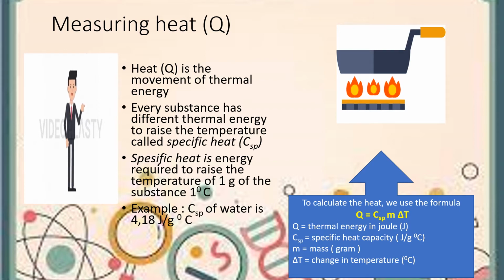To calculate the heat, we use the formula Q equals CSP, or specific heat of the substance, times the mass times delta T. So this is the information: Q is thermal energy in joules, specific heat or CSP is in joule per gram degree Celsius, M is mass in gram, and delta T is the change in temperature in degrees Celsius.